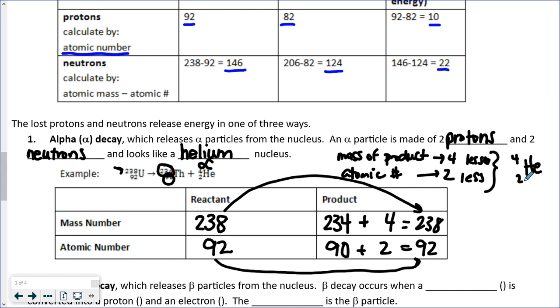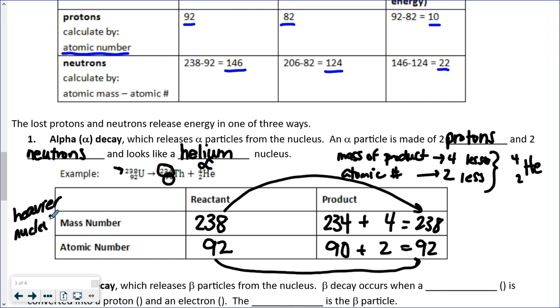So that's alpha decay, and alpha decay is more common in heavier nuclei. So this is common in heavier nuclei. Something like uranium, with a mass number of 238, is pretty high.